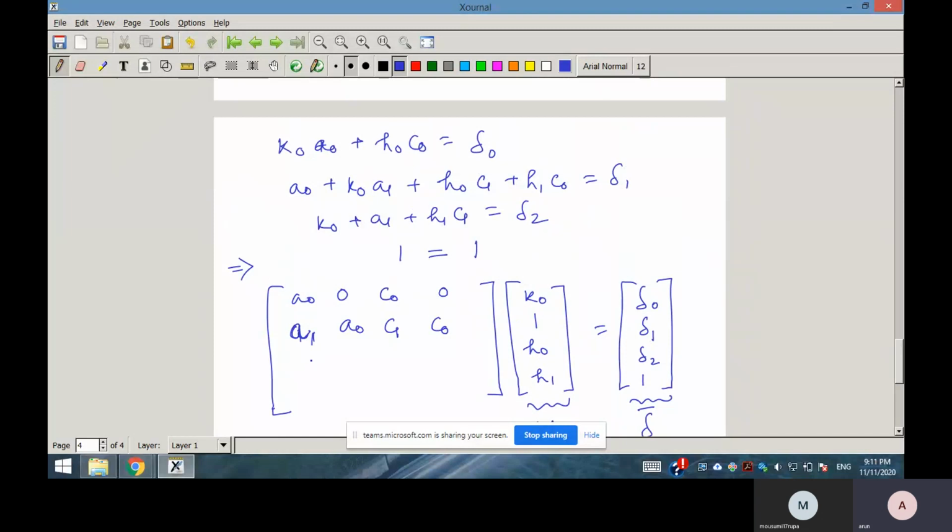The third one: 1 for the k naught coefficient, a naught, a1, 1, then c1 for h naught. The last one: 0, 1, 0, 0.